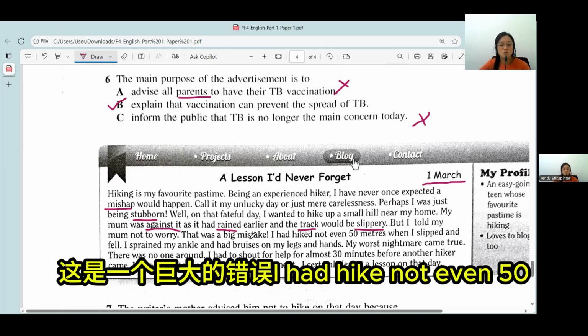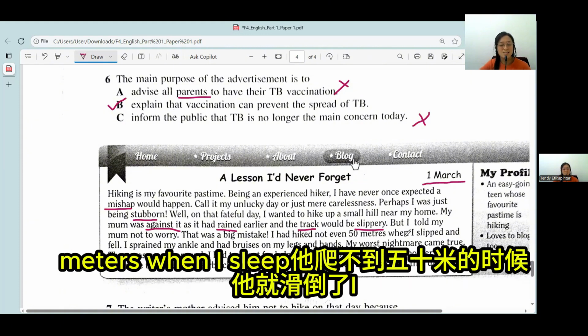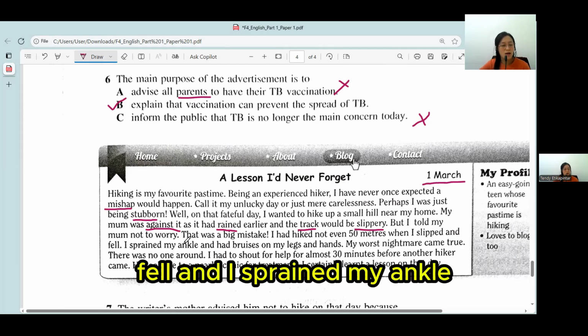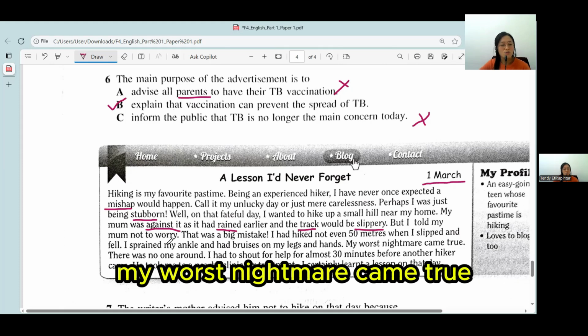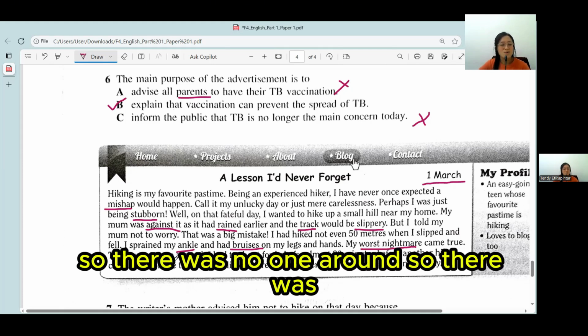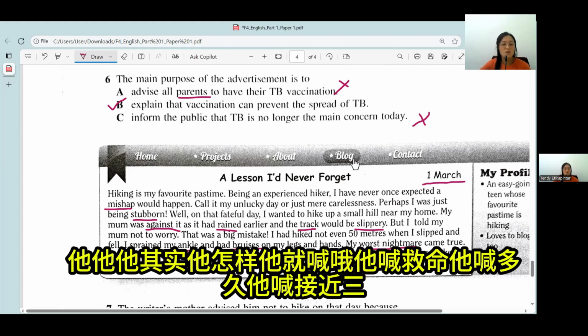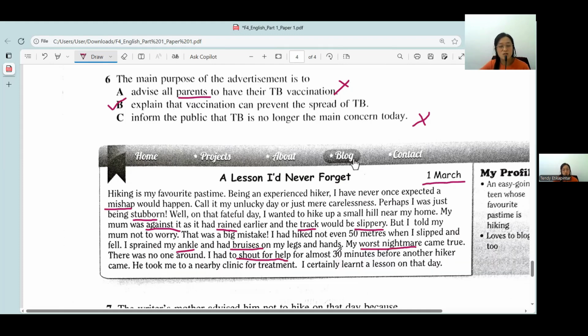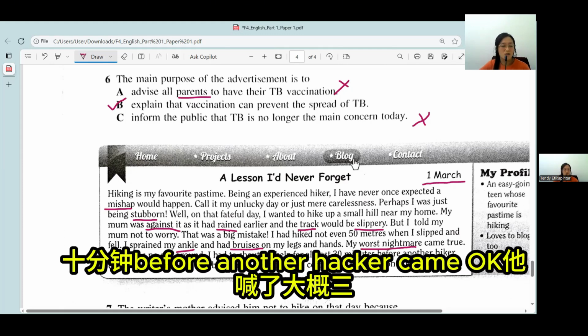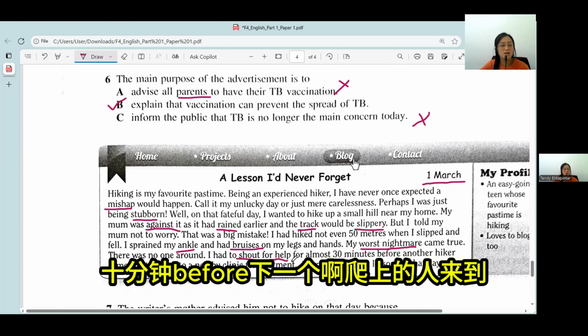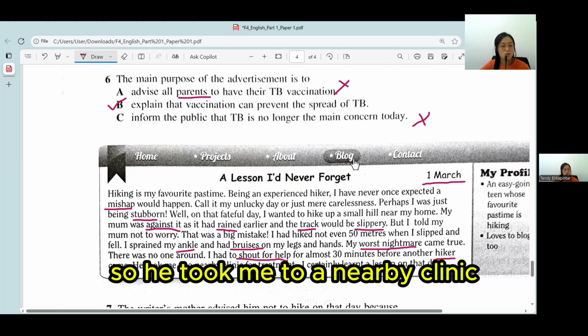But I told my mom not to worry， 作者坚决，而且他跟他的母亲说别担心，That was a big mistake， 这是一个巨大的错误。I had hiked not even 50 meters when I slipped， 他爬不到50米的时候他就滑倒了，他跌倒 fell and I sprained my ankle and had bruises on my legs and hands， 他扭到了他的脚踝，然后有淤青在他的手和脚。My worst nightmare came true， 那噩梦真的来了。So there was no one around， 周围一个人都没有。I had to shout for help for almost 30 minutes。他喊救命，他喊接近30分钟。Before another hiker came， So he took me to a nearby clinic for treatment.